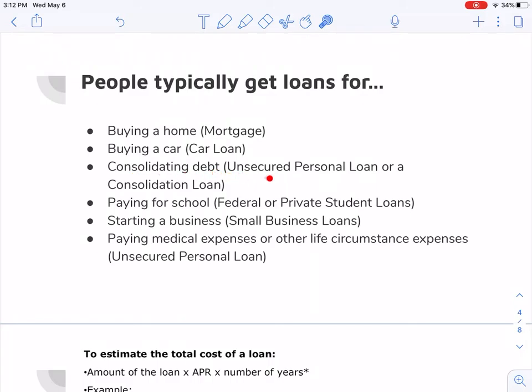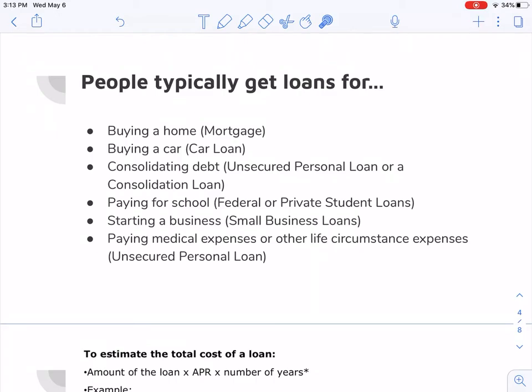And this can be an unsecured personal loan or a consolidation loan. This would be used if, let's say, you had several credit cards, all at different rates and different payment times, and you wanted to take all of your credit card debt and consolidate it into one payment, into one loan.